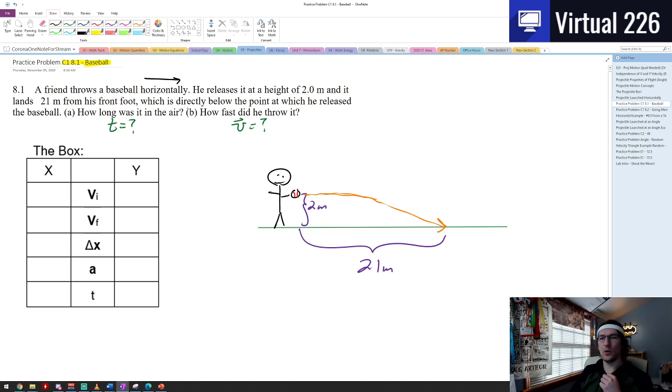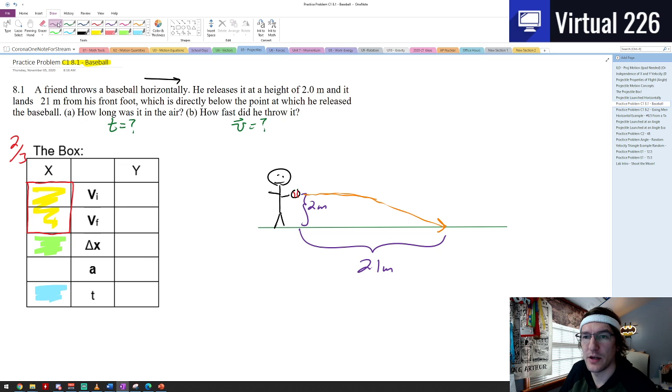So let's take a look at what we have in this problem. When we look at our box, remember, on the left side we just need 2 out of the 3 things, the 3 things being the velocities, which for the initial and final for us will be the same, a delta x, that's how far it went, and a time.